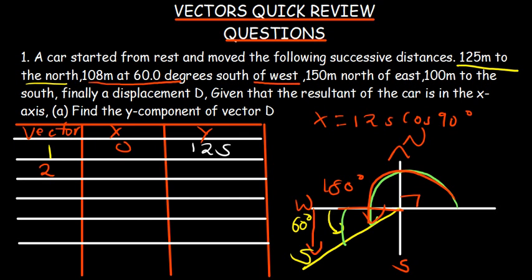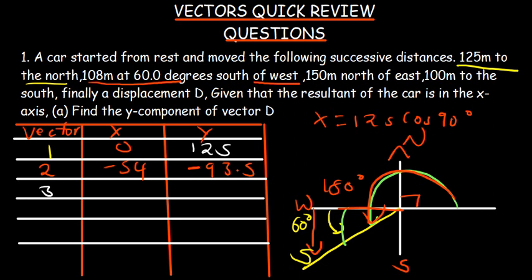So you're using angle 240 to resolve the vector into its x and y components. So we have 108 cosine 240, giving negative 54. For the y, 108 sine 240, giving negative 93.5.